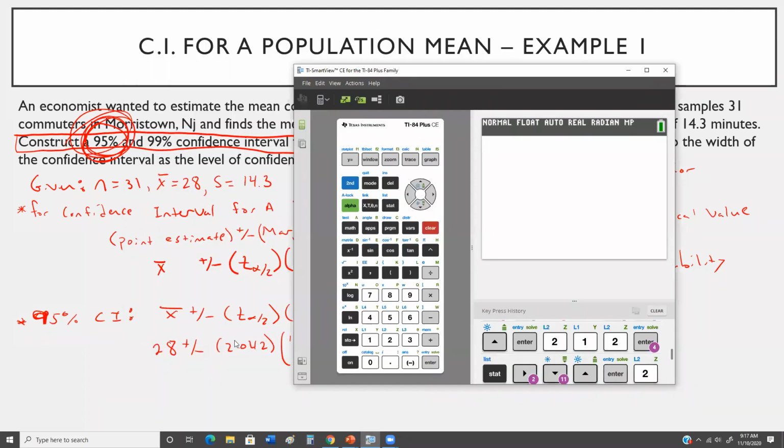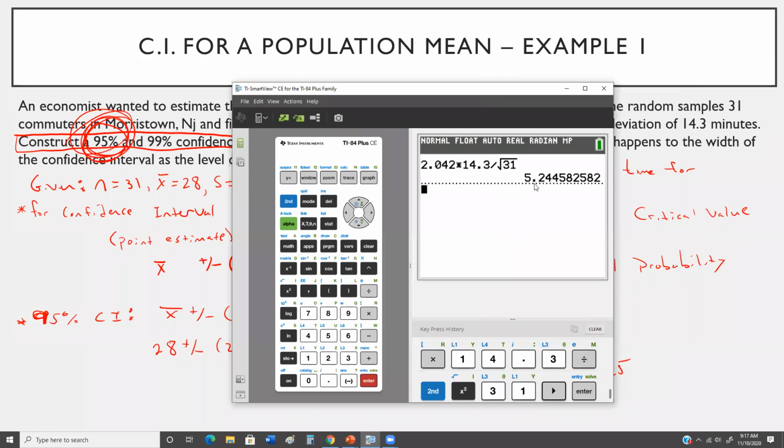So do the margin of error first. It's 2.042 times 14.3 divided by the square root of 31. And you get this, if anybody's following along. I'll just round it to one decimal place. It's 5.2.